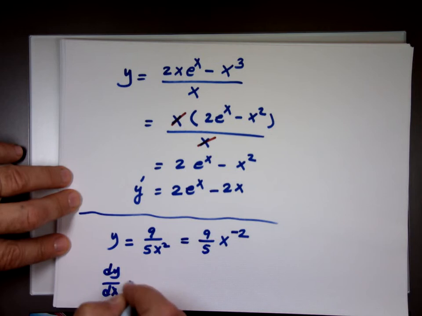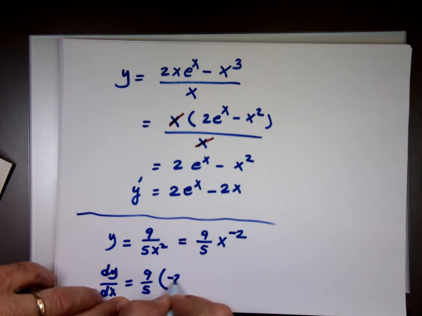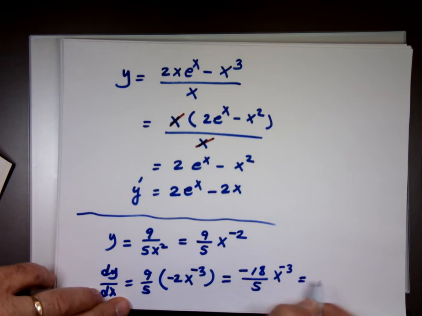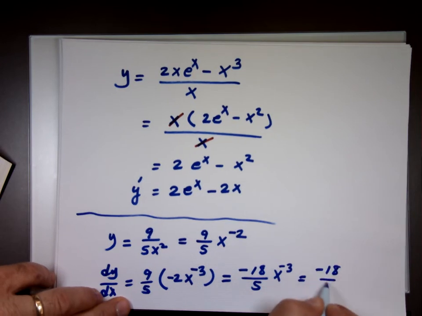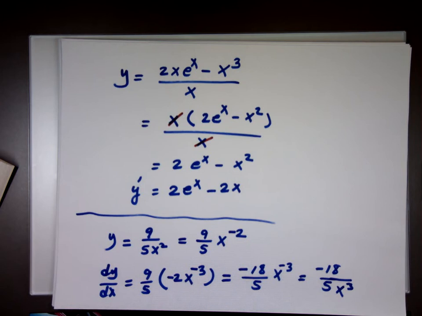There's the 9 over 5 in the front. What's the derivative of x to the minus 2? Negative 2x to what power? Yep. Simplify it. Negative 2 times 9, negative 18 over 5. x to what power? Negative 3 if you don't like the negative exponent. Again, George says the book doesn't care. So I can bring it down to the bottom, make it negative 18 over 5x to the third.